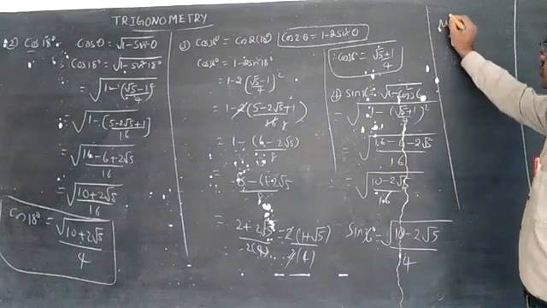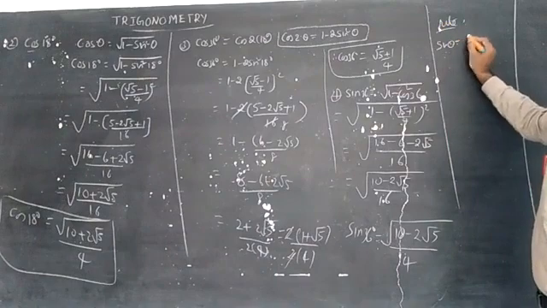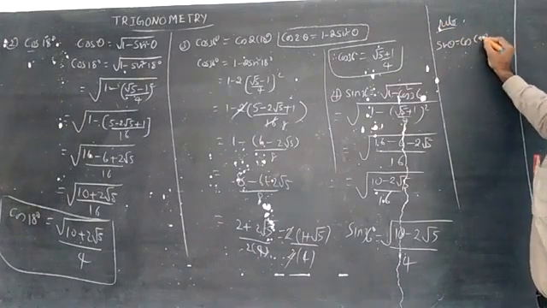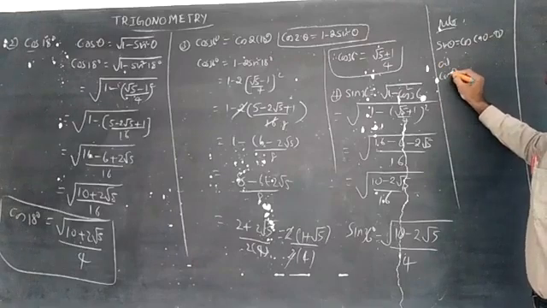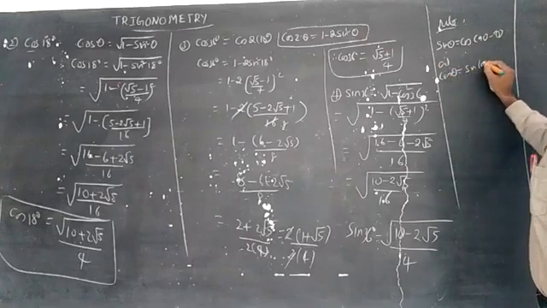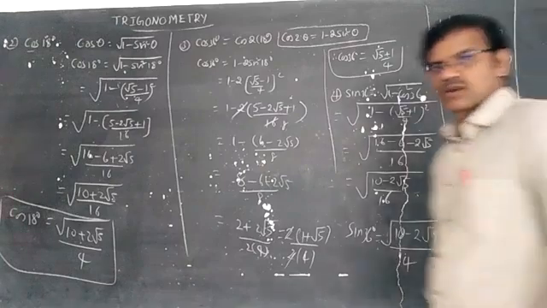Here, note one point I want to discuss with you. Sin theta is equal to cos of 90 minus theta, and cos theta is equal to sin of 90 minus theta, according to allied angles. First quadrant concept.